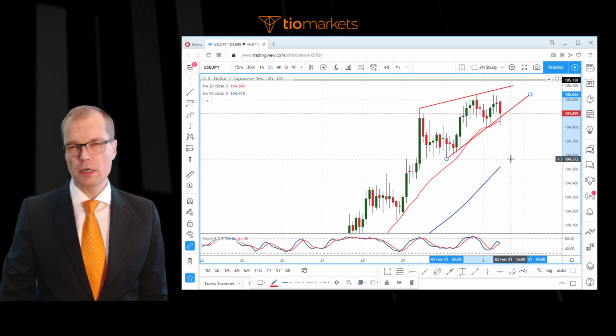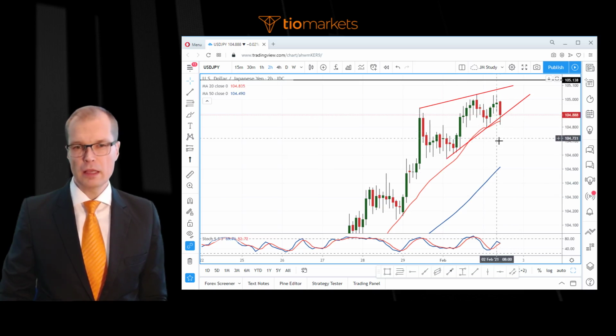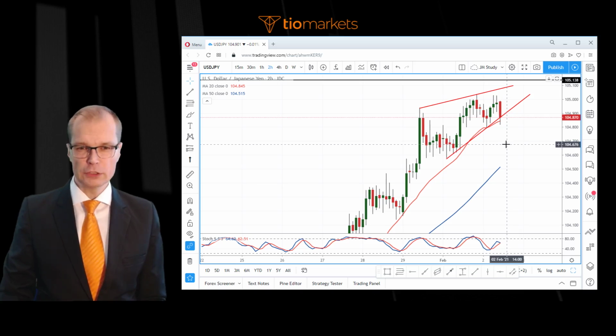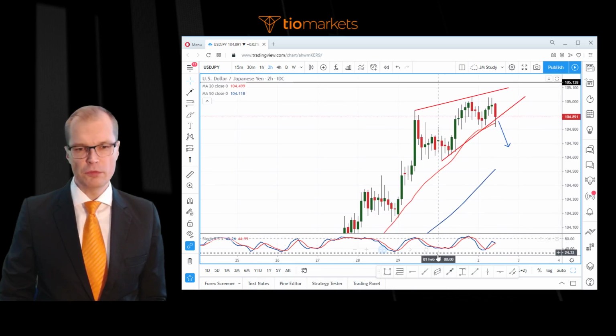And if this market trades outside of this bearish wedge, then it looks like we have a move lower in the cards. So something like this: the market moving outside, maybe coming lower a little bit, then retracing some of the move.